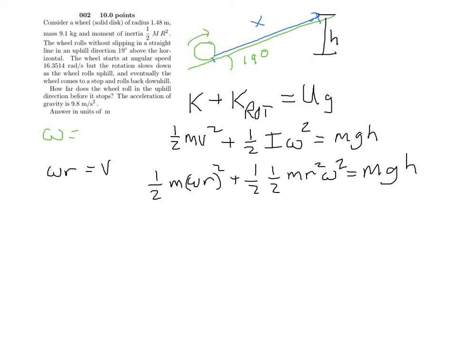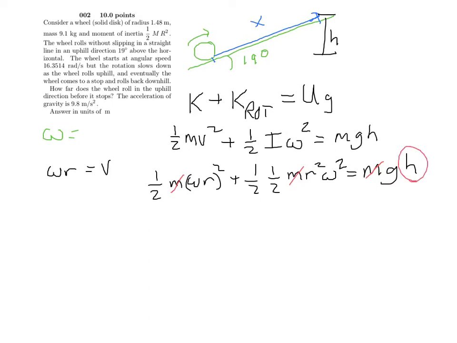If you're paying attention, you'll see that the mass cancels out in all of this. So I've got a mass here, I've got a mass here, I've got a mass here. So I've got 1/2 of omega r squared plus 1/2 of a half will be 1/4 of r squared omega squared is going to equal gh. And with all of this, you can easily solve for h.